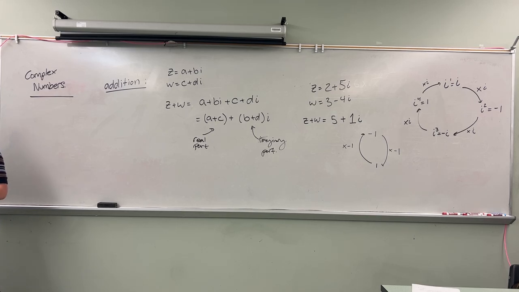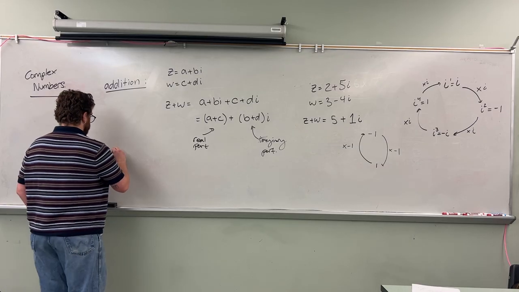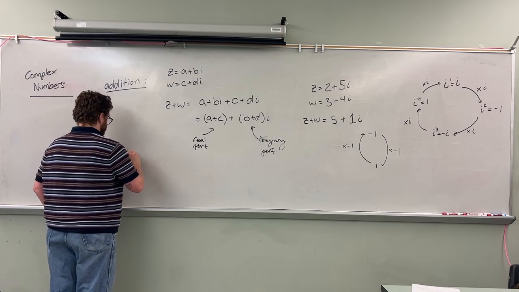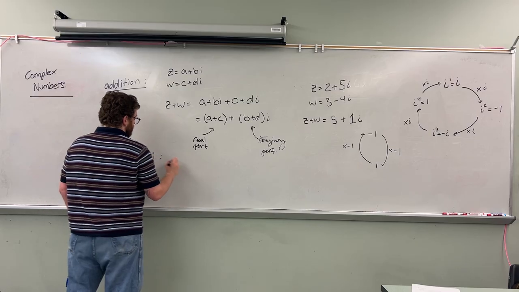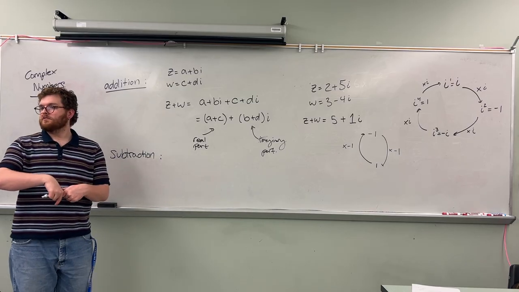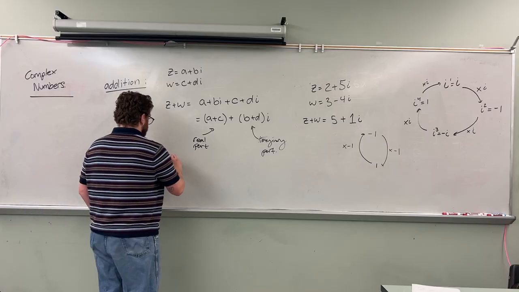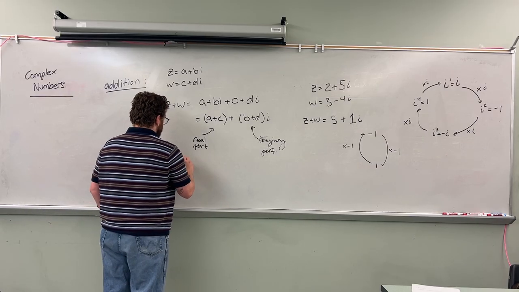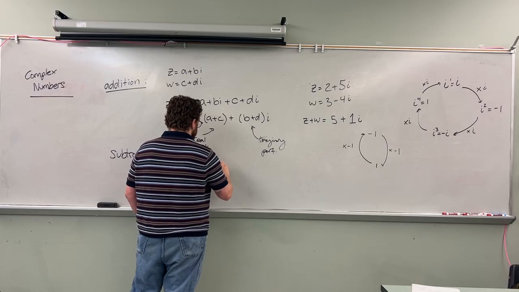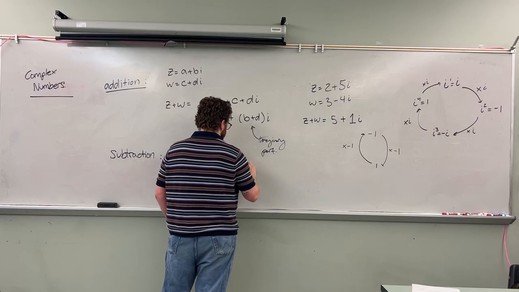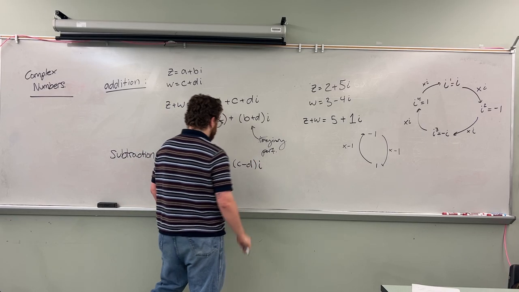Cool. Subtraction works the same way. So we just subtract the real and imaginary parts. So z minus w, the same z and w, would be a minus c plus (b minus d) times i.